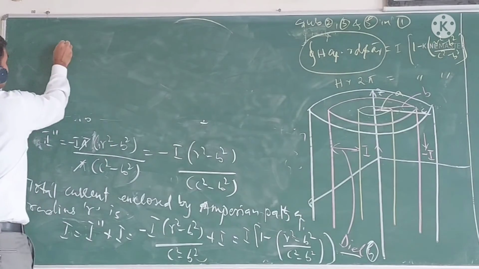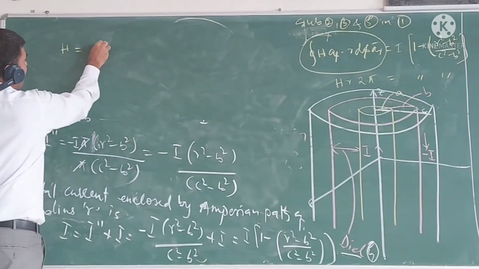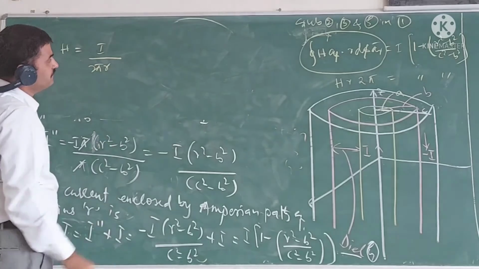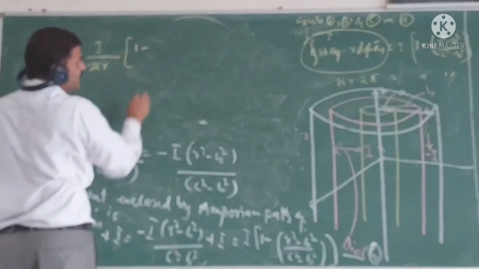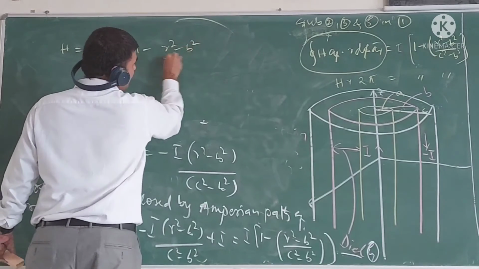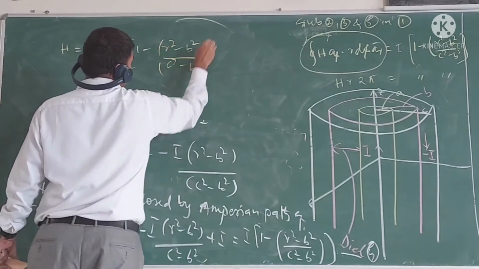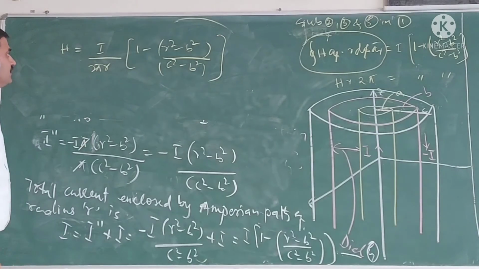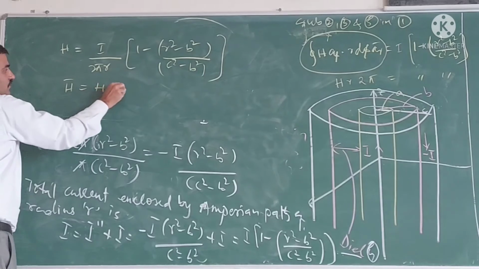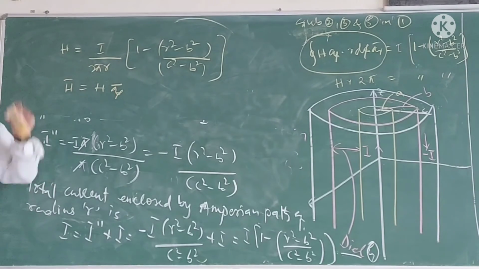Then H is equal to I over 2 pi R times 1 minus r square minus b square over c square minus b square. And what is the H bar? H bar is H into a phi.